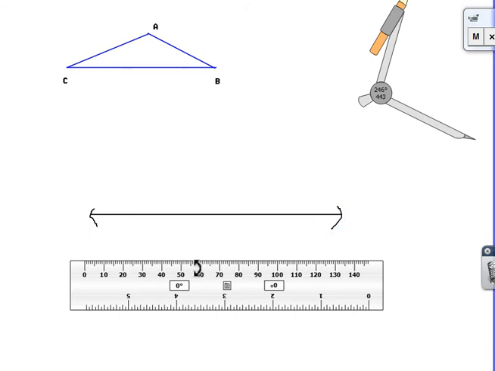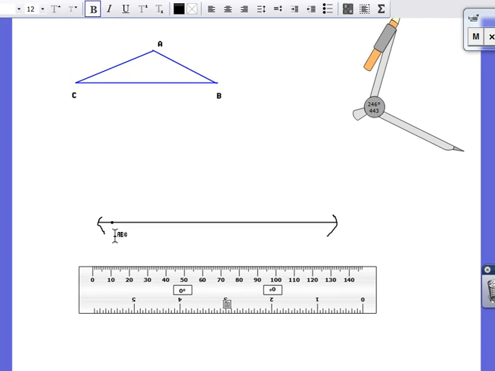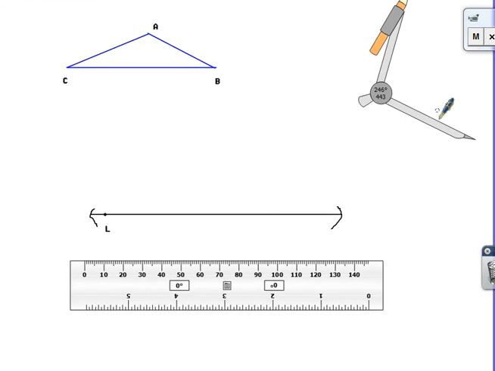Okay, and then they want to call this point L. And then we just got to copy which segment? CB. They want us to copy CB. Oh, that's perfect, which is this one.